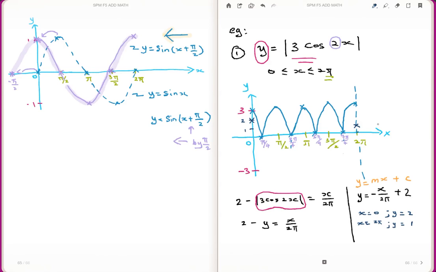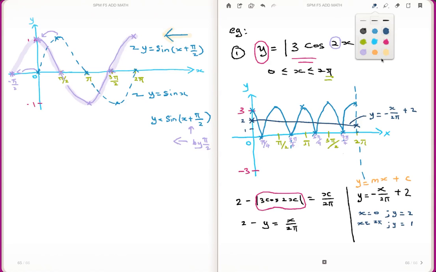Then you need 2 points to make a straight line. Use a ruler. Now straight here. So this is y equals negative x over 2 pi plus 2.